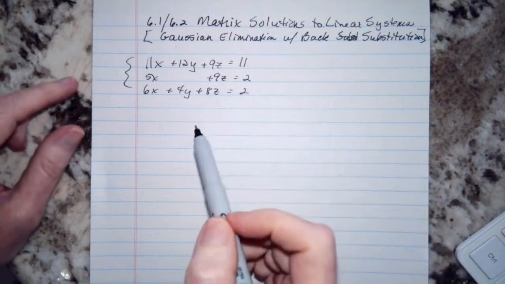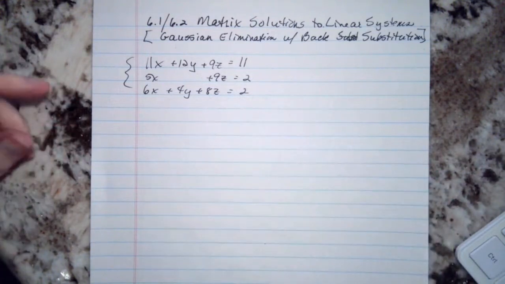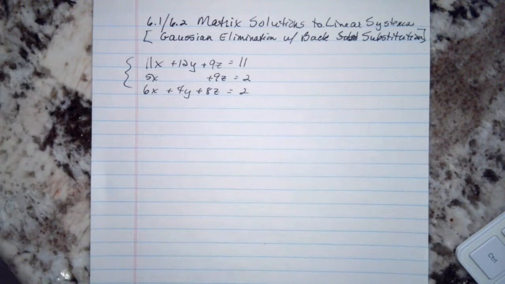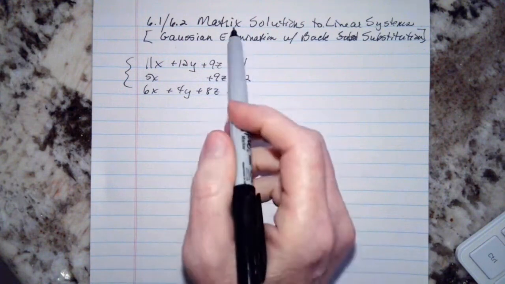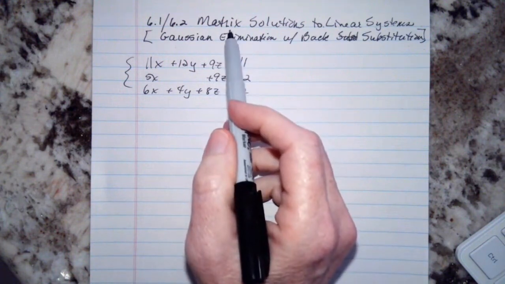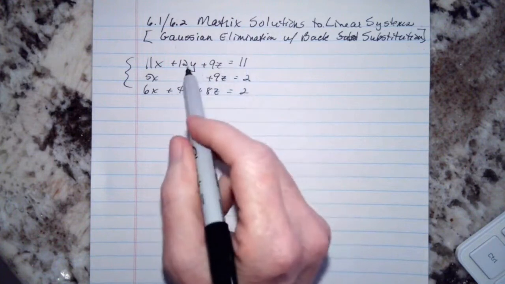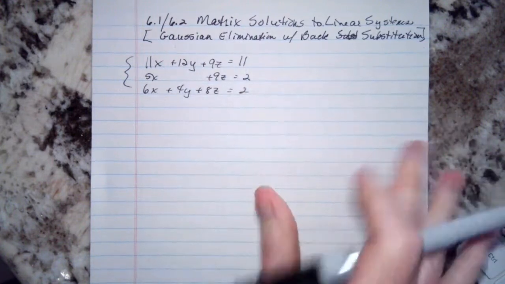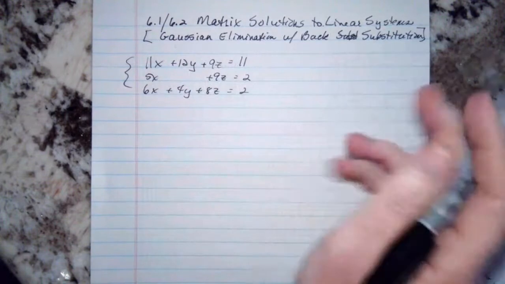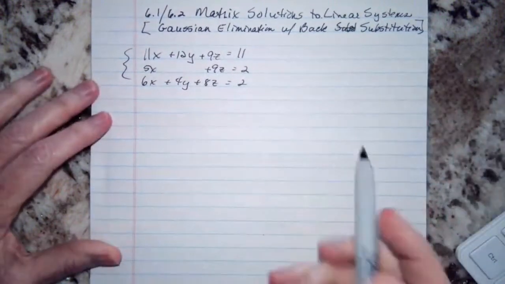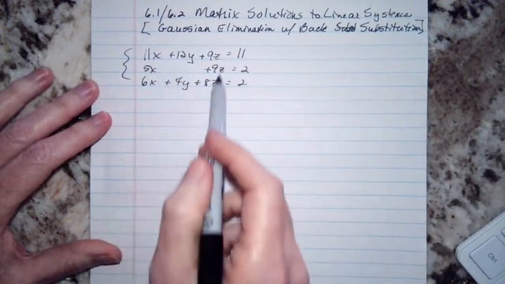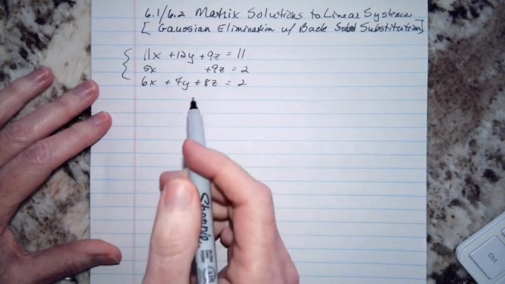Now we're going to do the exact same thing, but by a different method. Instead of doing addition elimination to get it down to 1 variable and then work our way back up, we're going to use a matrix solution. So we're going to go about doing the same exact thing, but with Gaussian elimination with back substitution.